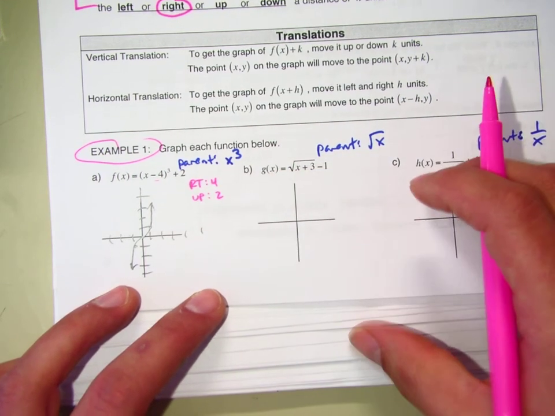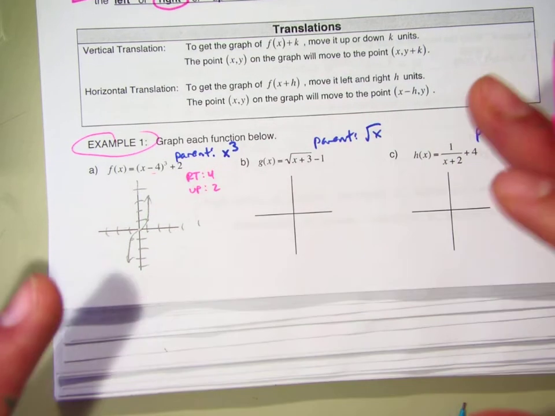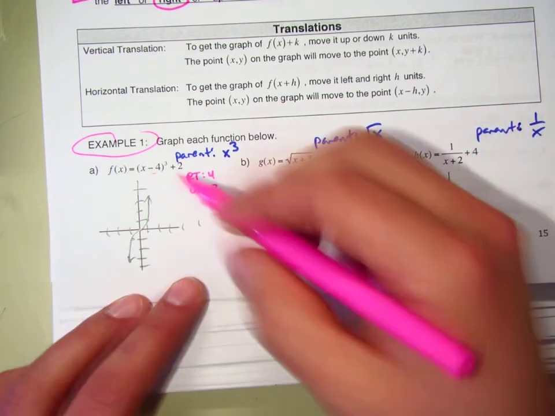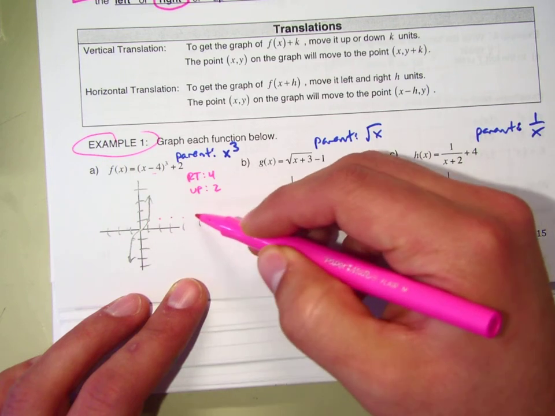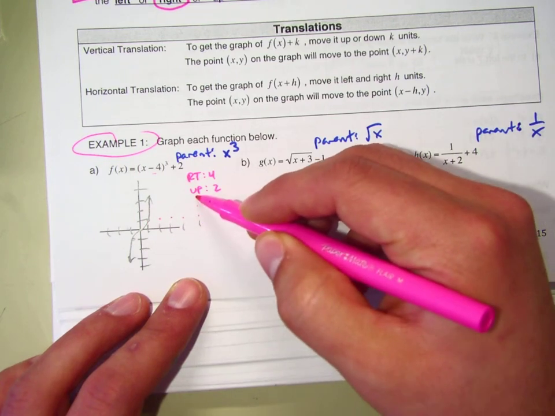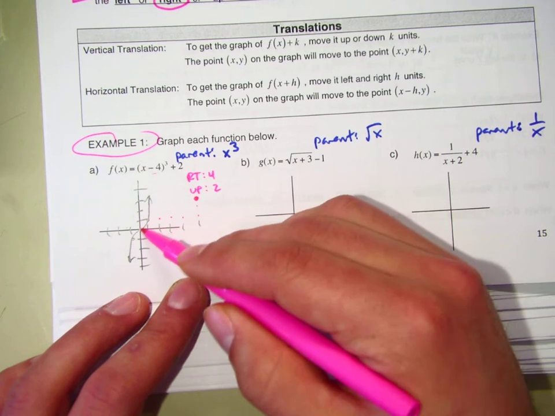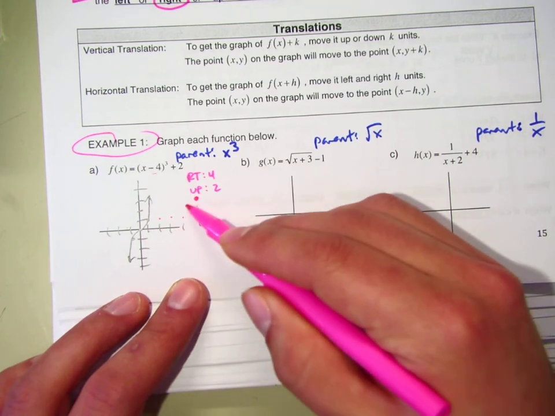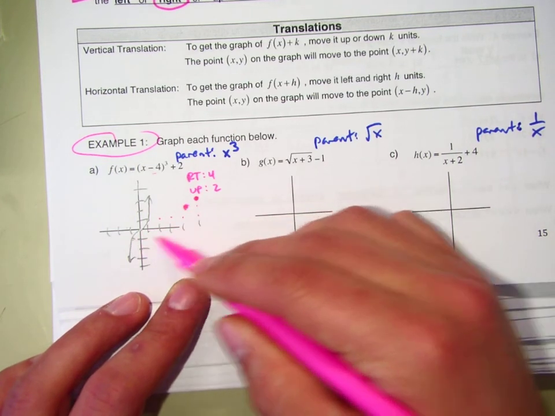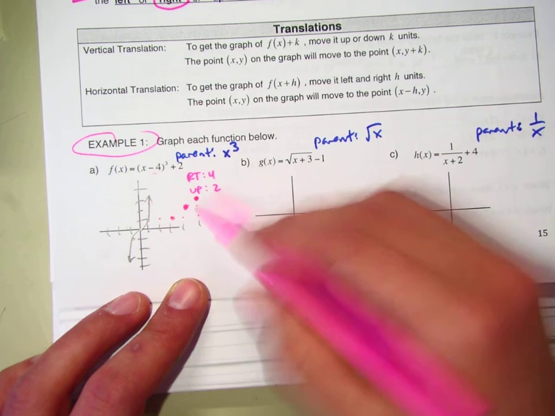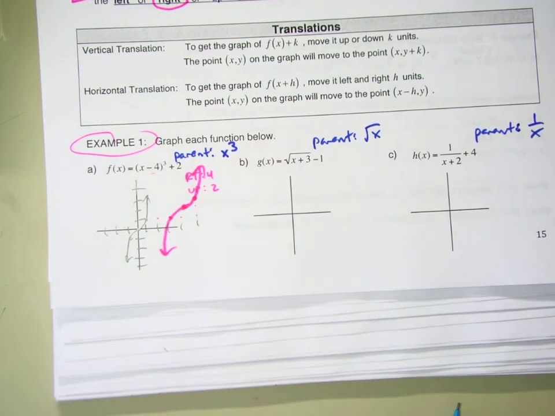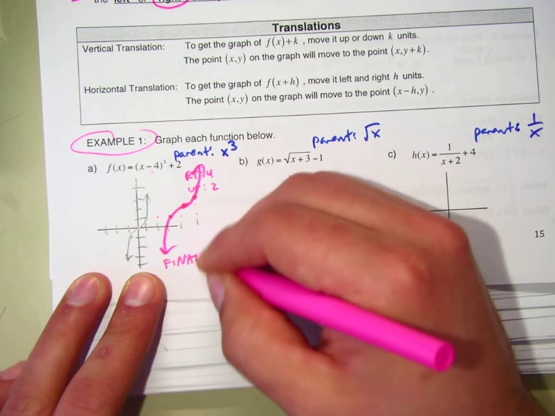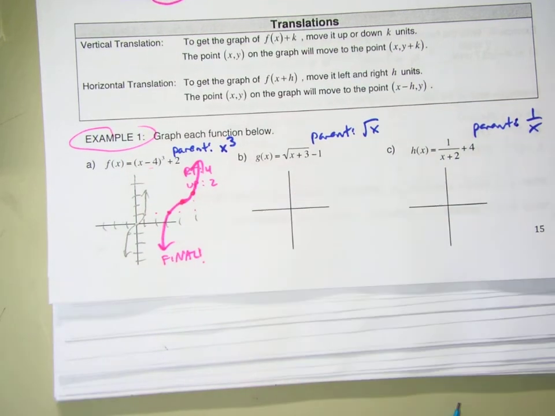That just means take your entire graph and move everything right 4, up 2. So if I took this point right here, I can go right 1, 2, 3, 4, and then go up 1, 2. Follow the pattern. And so here's the final graph. Any questions on how I'm getting that?